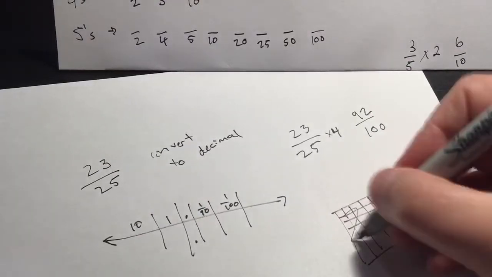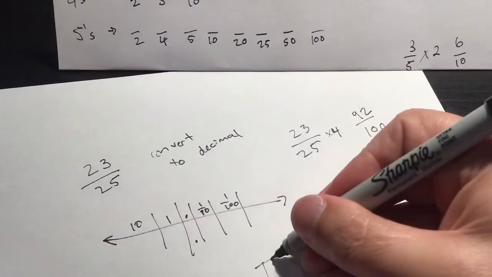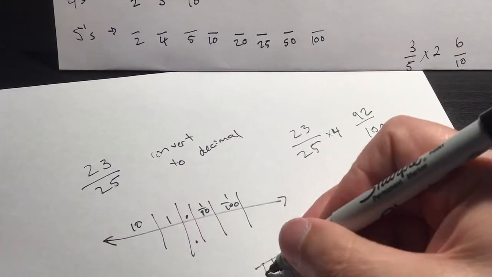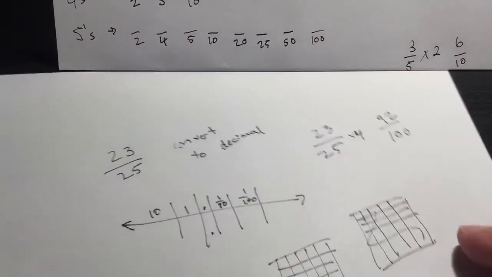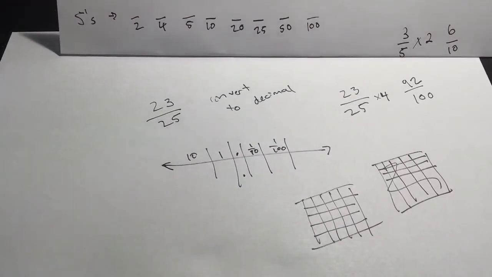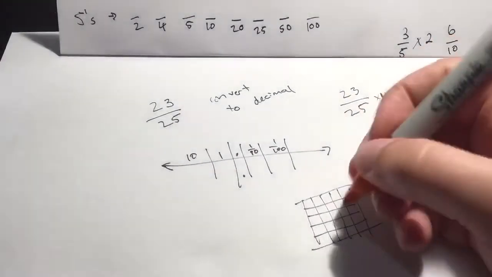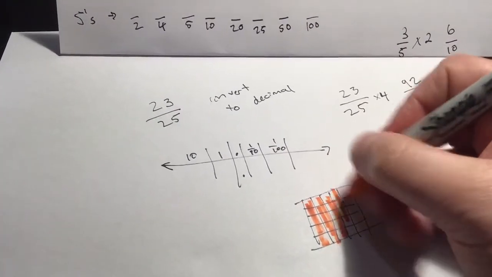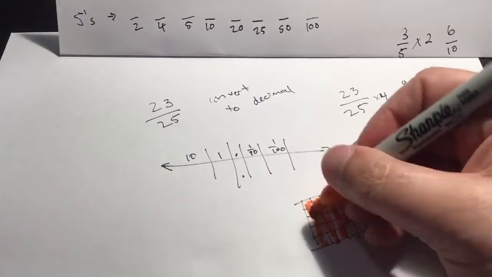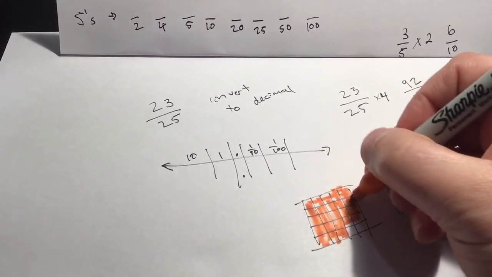Let's start fresh here. This is where grid paper is your jam. Because you get grid paper, it's a lot easier to do something like this. But anyways, there's my 25, okay? And I'm going to color in 23 of them. Well, I'm not because I'm super lazy. But I'm going to color all of them except for 2, and that's 23. Okay, so there's my 23 out of 25.